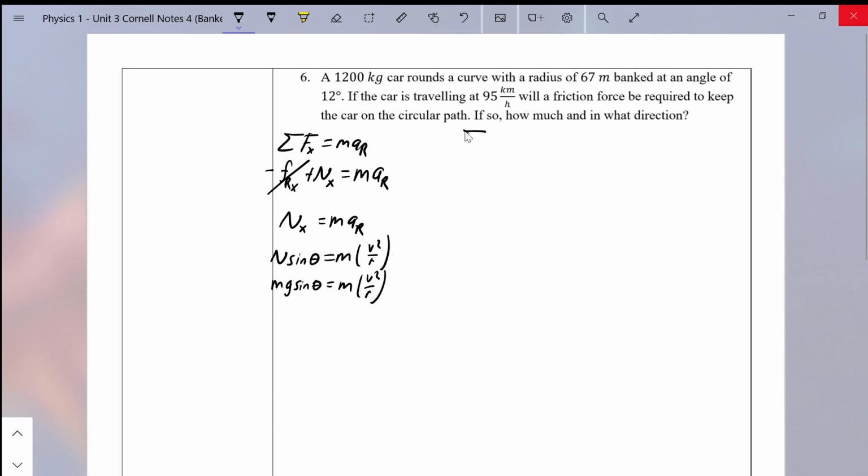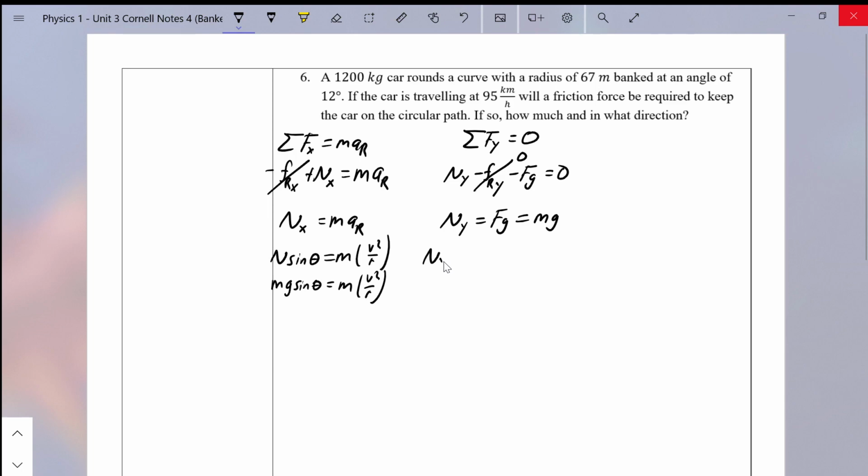In the y direction, sum of forces in the y direction is equal to 0, because our acceleration will be 0. Our y forces will be ny minus a friction force in the y direction minus the force of gravity. Again, friction will be 0, so we can ignore that, and we get ny is equal to fg is equal to mg.